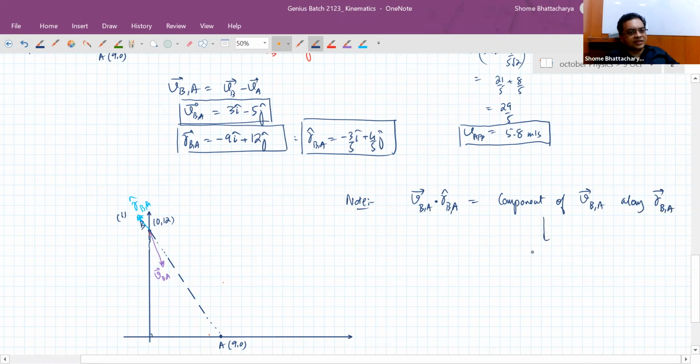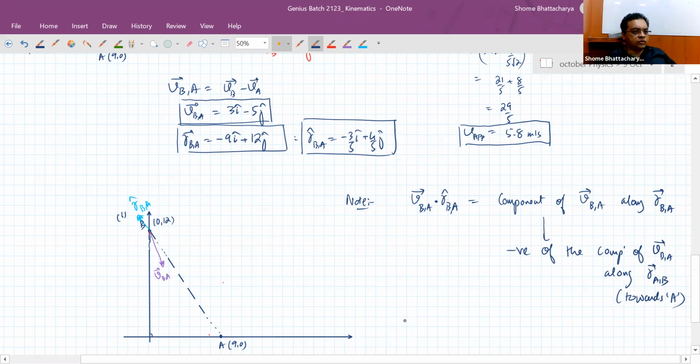So it is basically the negative of the component of this along RAB, or the negative of the component pointing towards A. So I expect that this should be a negative quantity if it is approaching.